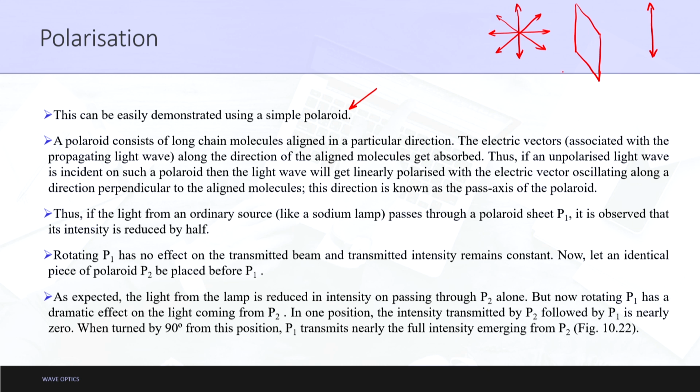If we pass this unpolarized light, this is an unpolarized light, and this is a polarized light, and this is a Polaroid.